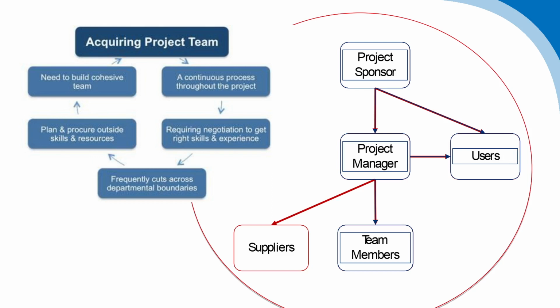It's likely that you will need some external expertise and external resources as well. So just to the left of team members, we see suppliers, which may well be rolled in and need to be overseen by the project manager as well. And then lastly, on the right hand side, we have the actual users of the project. If we use our example of implementing a new website, we have to be mindful that the users of that website are stakeholders in the project as well.